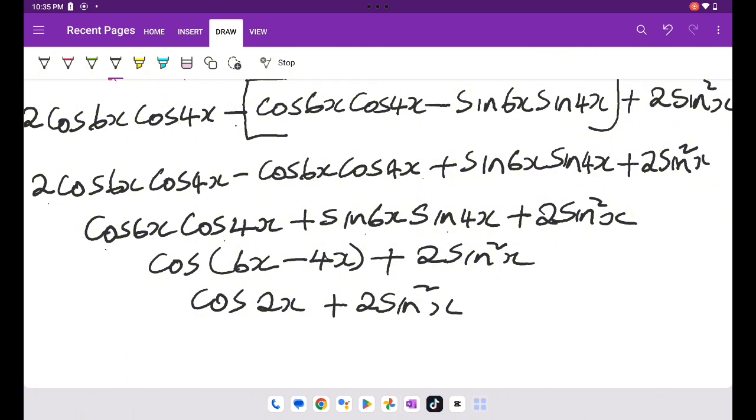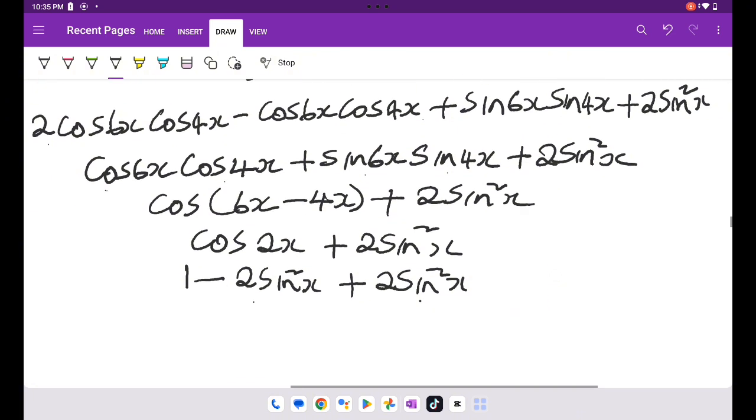So let's just take 1 minus 2 sine squared x, then the plus 2 sine squared x. So this subtract this and we are left with 1. So any of the three methods could have led us to 1. Right.